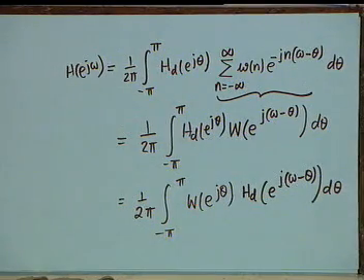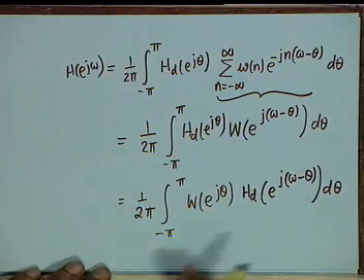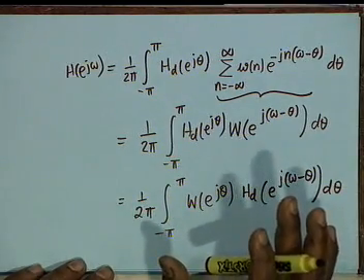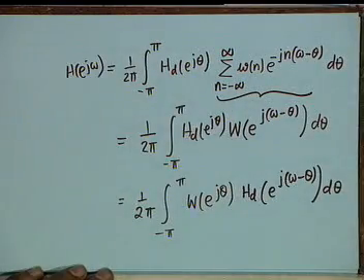It does not matter what we convolve with whom. Now this gives us a clue as to what the window function should be. What you want is that H(e^(jω)) should be equal to H_d(e^(jω)). Isn't that right? That's what we want.